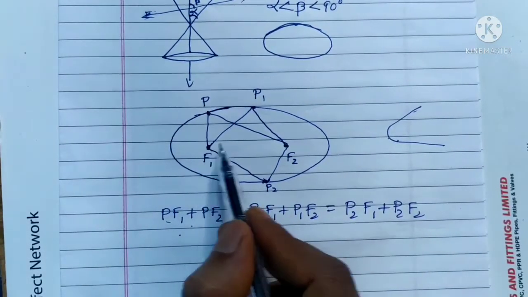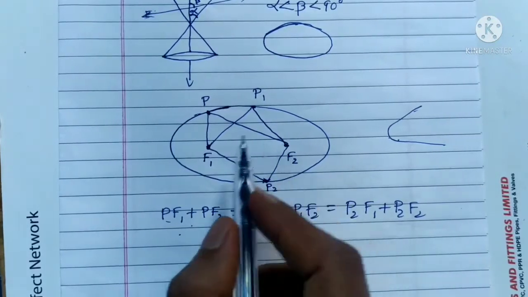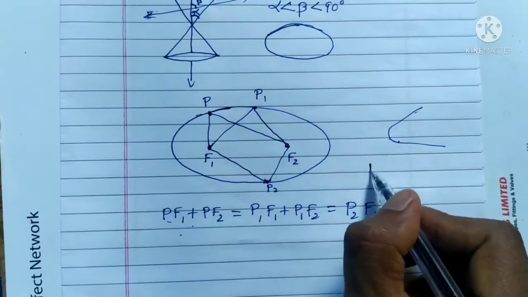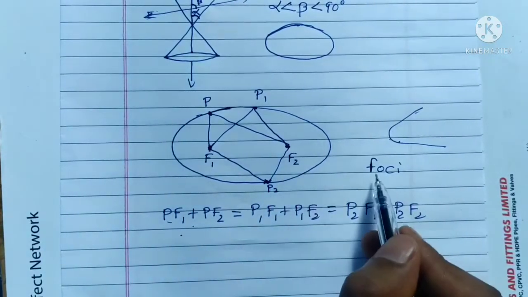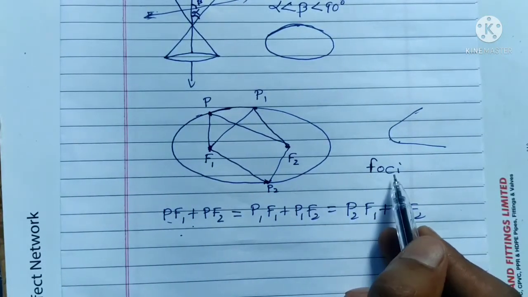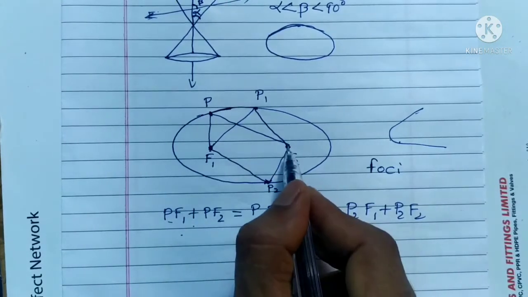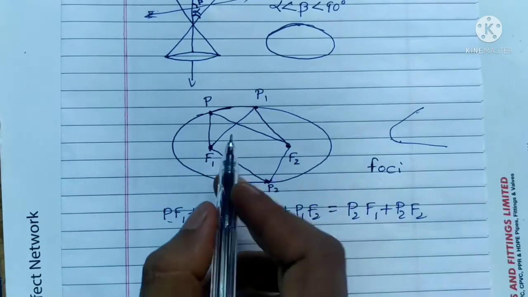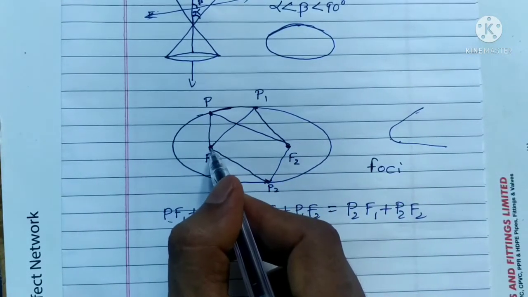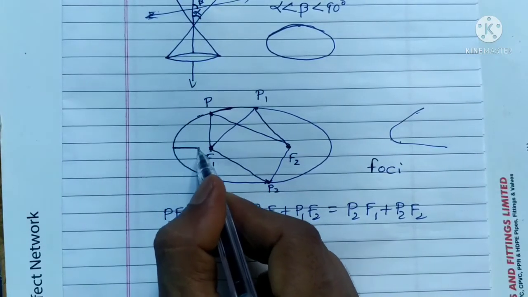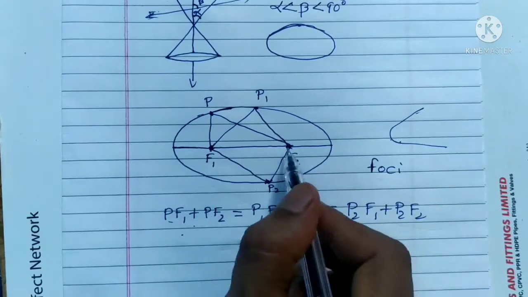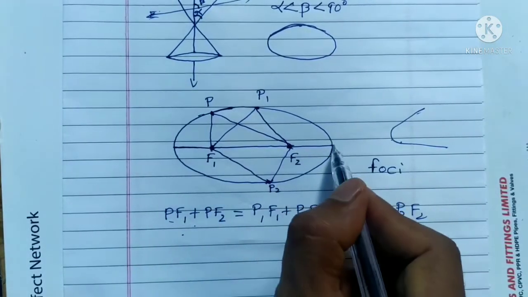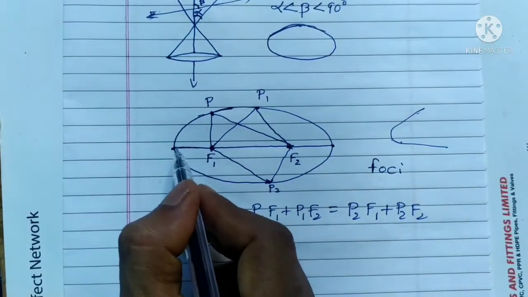In the ellipse, these two fixed points are called foci. One is a focus, and the plural form is foci: F1 and F2. The line passing through these two points, with these as end points, is called the major axis.